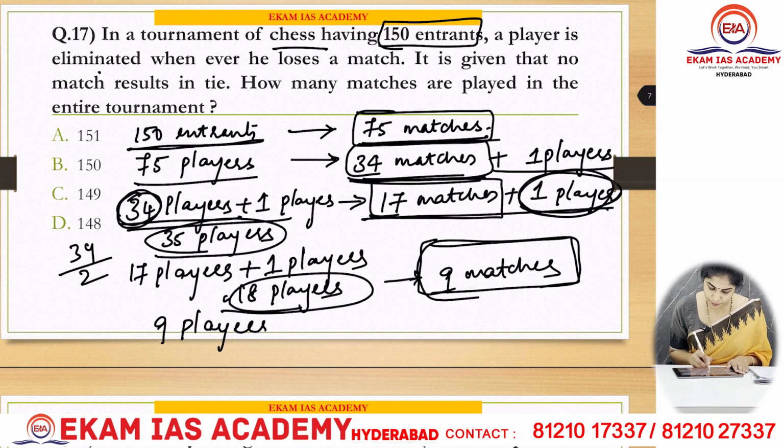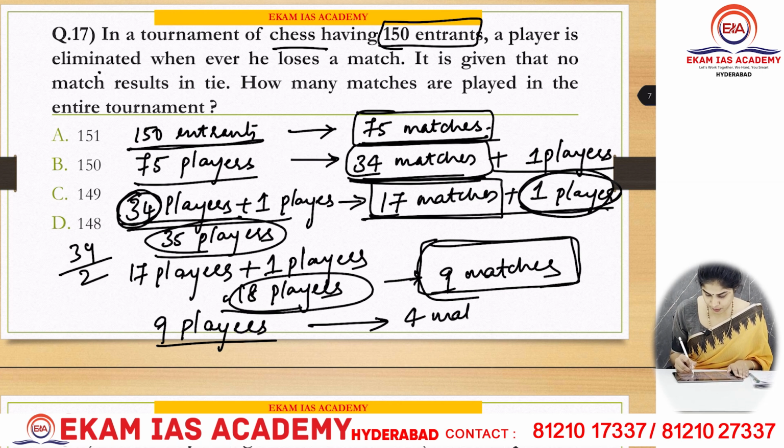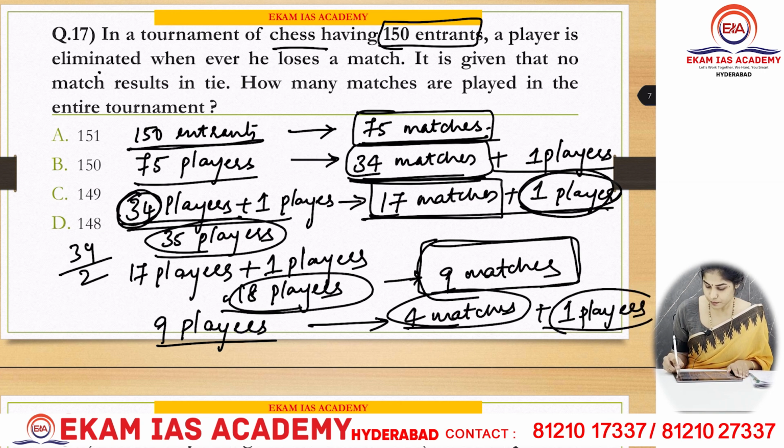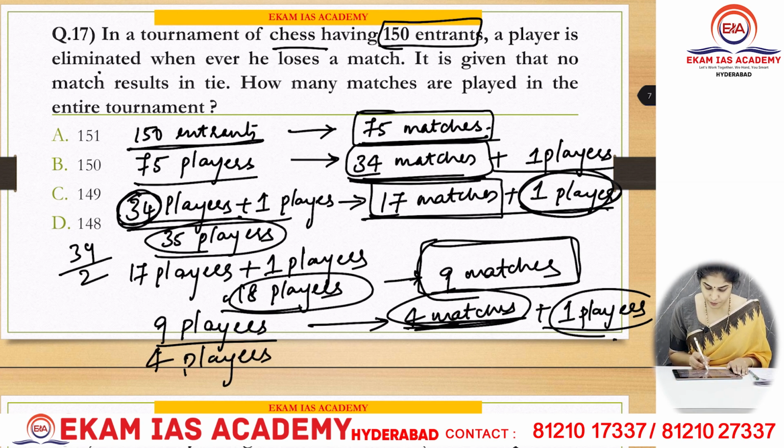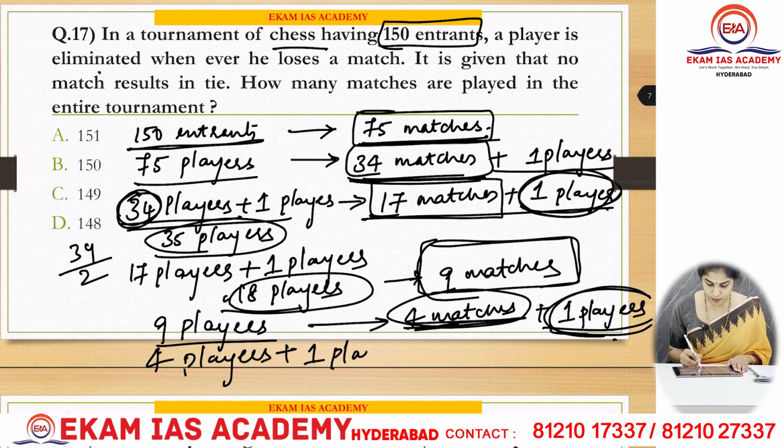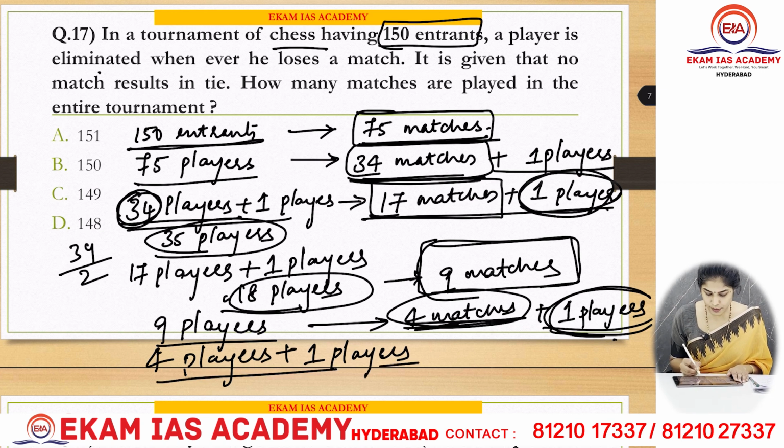So 9 players will play 4 matches, which is 8 players in total plus 1 player remaining, right? In these 4 matches, 4 would be eliminated and the remaining would be 4 players, plus 1 player. So total 5 players we are getting.